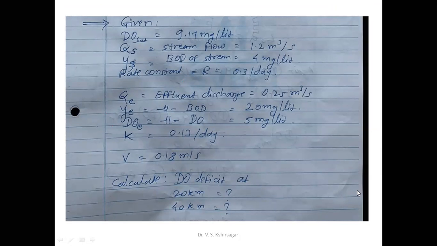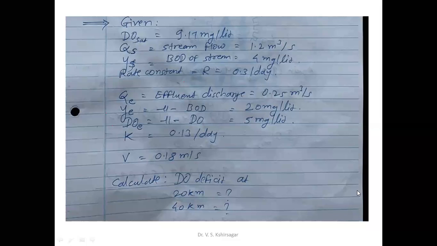What is the given data? DO saturation, the last line of this question, is given to you, and that data is nothing but 9.17 milligram per liter. Here I have written QS, the stream flow, whatever the stream or river is, its discharge is 1.2 meter cube per second.